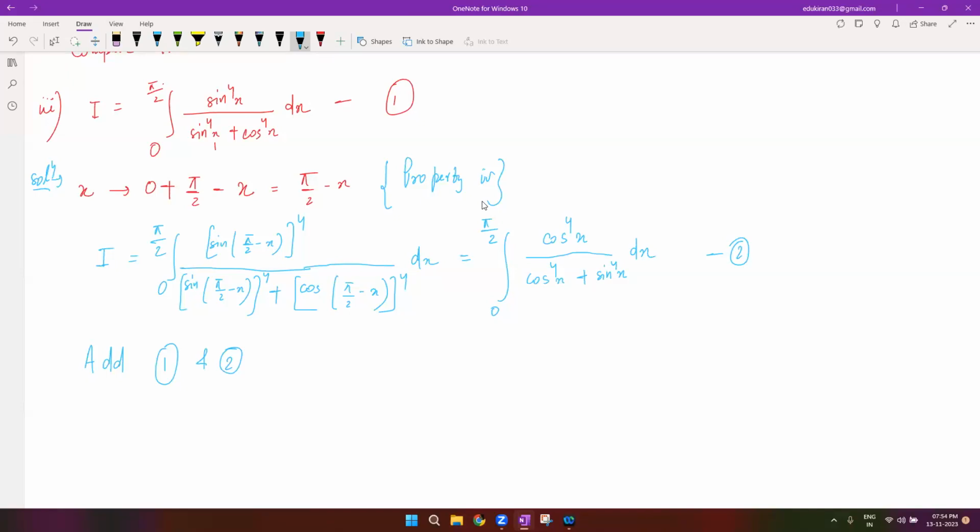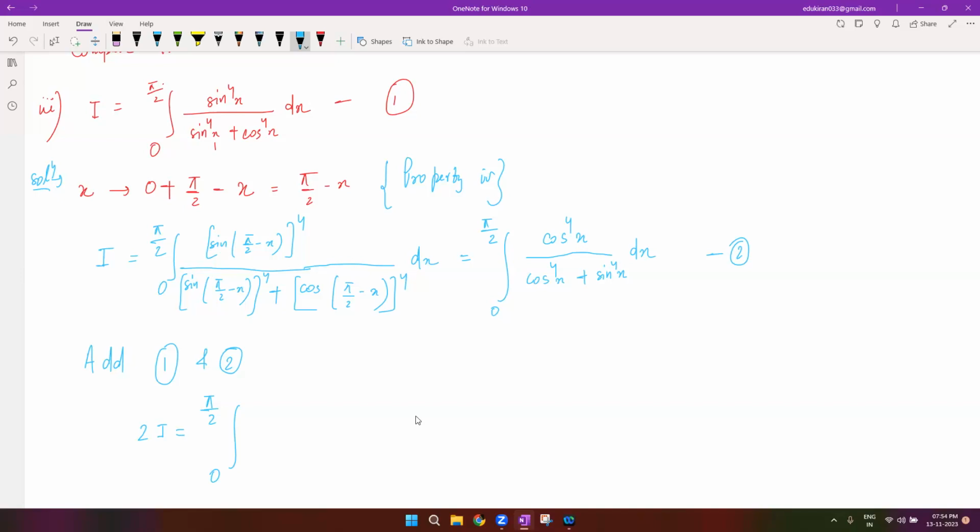But I will write the proper expression for the first time because we are doing it for the first time, so this will be easier for you to understand. This is my first expression and this is my second expression.